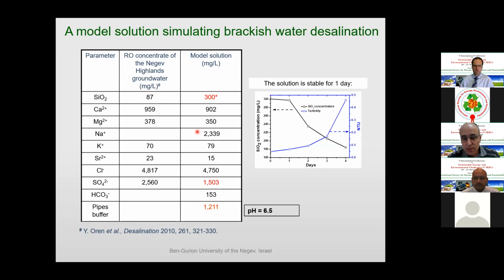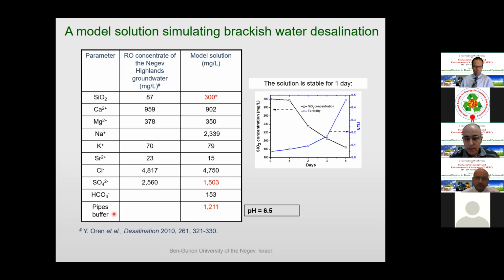The main differences were that the silica concentration was increased to be higher than the solubility, and sulfate was reduced to avoid gypsum precipitation. We also added a buffer.